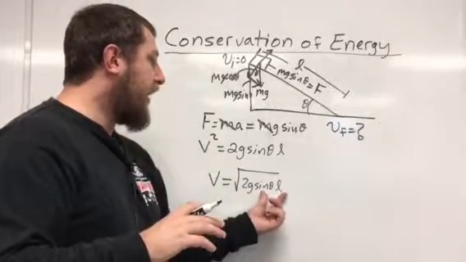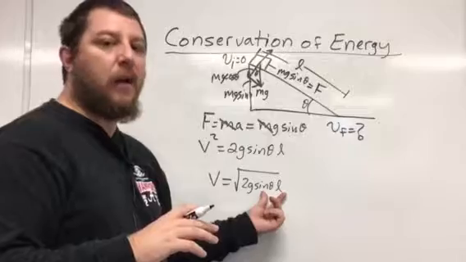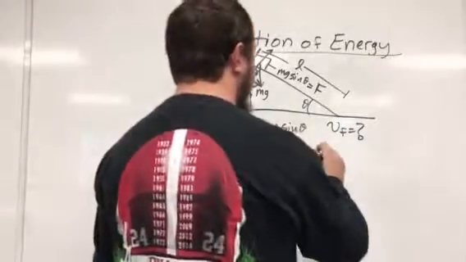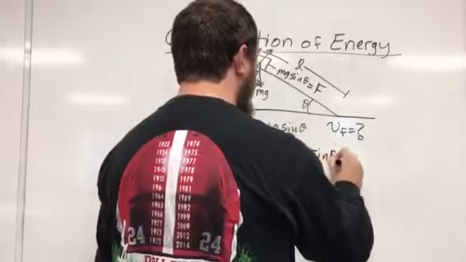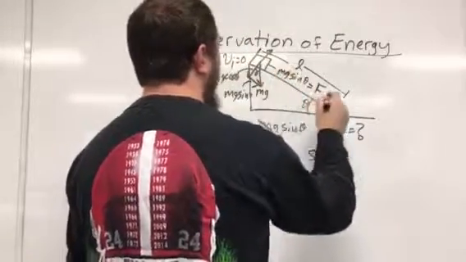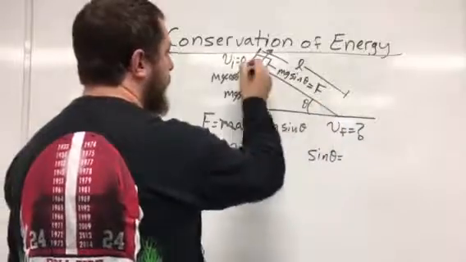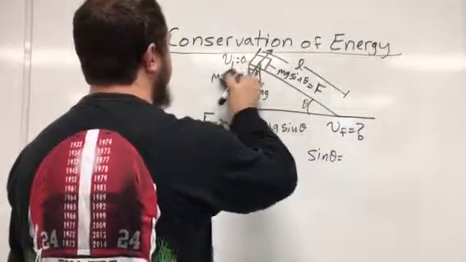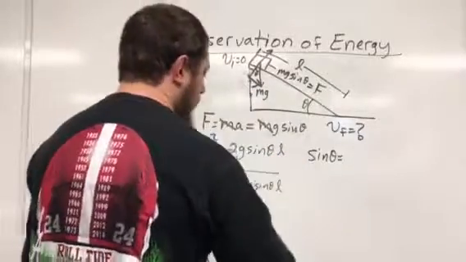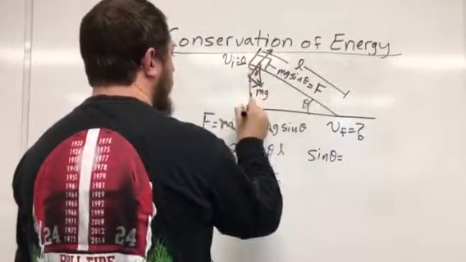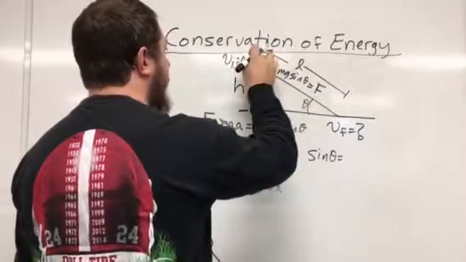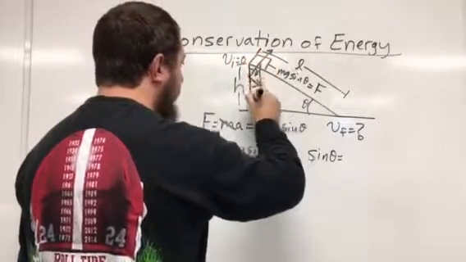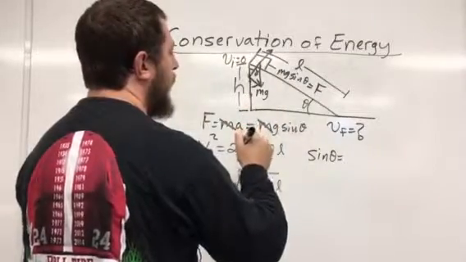First things first, I have this sine theta L term in here, right? And remember the definition of sine theta: if I now look at my right triangle, and I get rid of the mg sine theta and the mg cosine theta, the height above the ground the box starts at is the height of the incline, right?